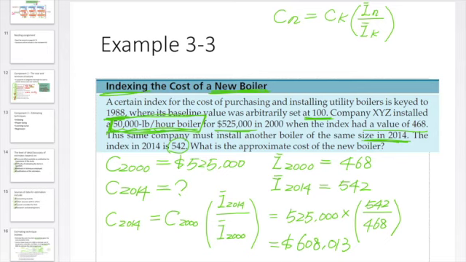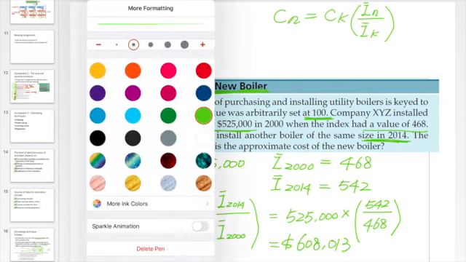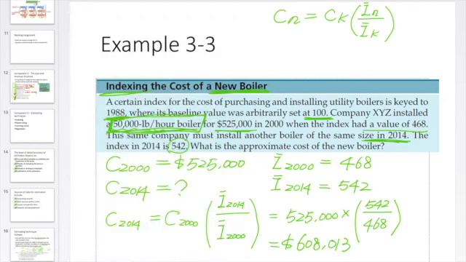So that's the price for this same boiler in the year 2014. Okay. So I think for this equation, the key is you need to know what is N and what is K. In this one, you might want to write it down: N is 2014 and K is 2000. Okay, that's the year number. So you won't get this ratio wrong.